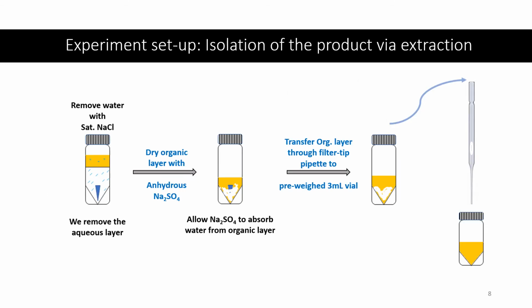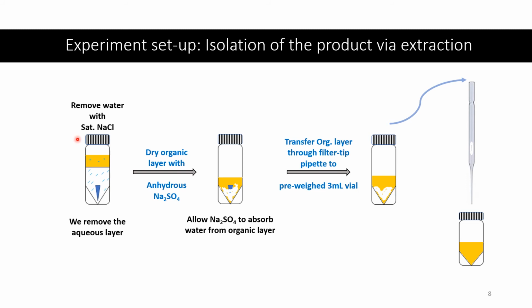Once we've done that, then we are going to do a couple of drying steps. Drying as in removing any traces of water from the organic layer. So the first drying step we're going to do is wash the organic layer with saturated sodium chloride.